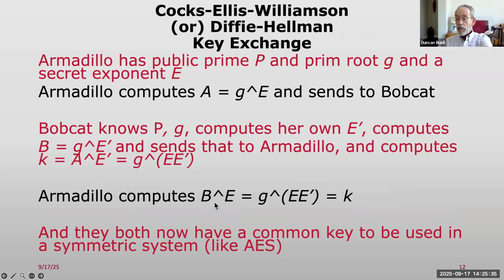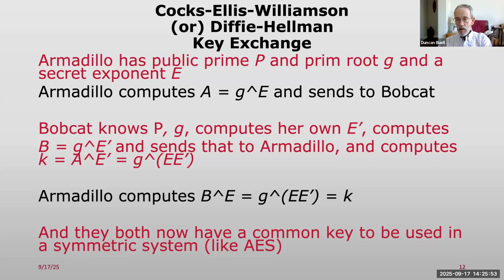So what normally happens these days, and if you've ordered anything from Amazon, this has happened on your computer. It's either Cox, Ellis, Williamson, or Diffie-Hellman, depending on your political persuasion.